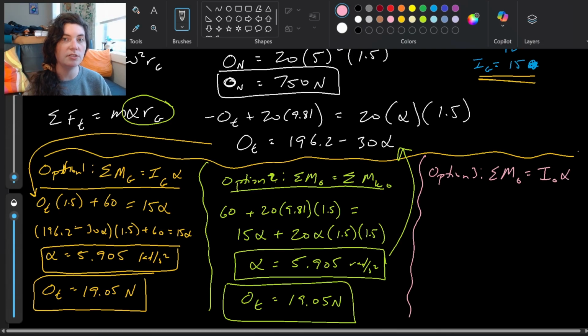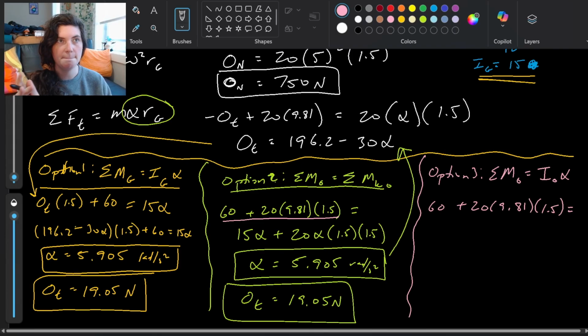So the moment of inertia about point O, not point G, about point O, times alpha. Again, the left-hand side still stays the same. It's all the same free body diagram, all of the same information. 60 plus 20 times 9.81 times 1.5. That all stays the same.